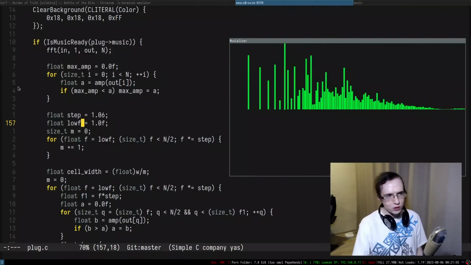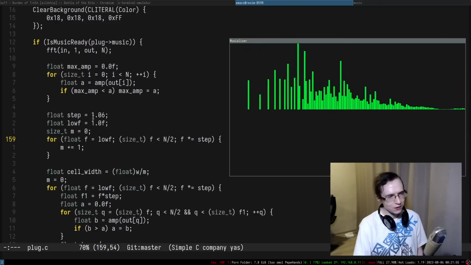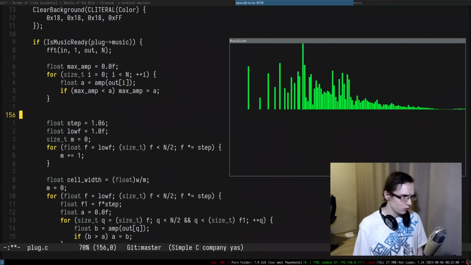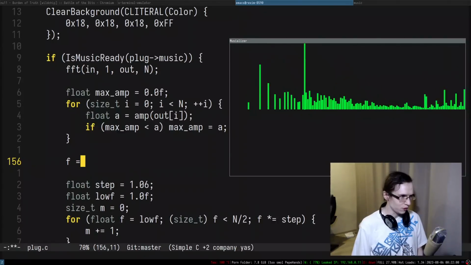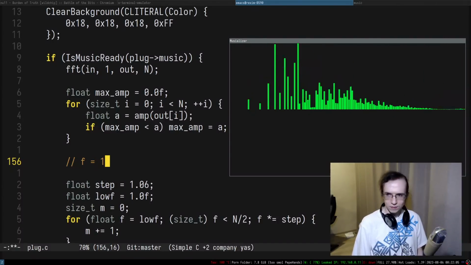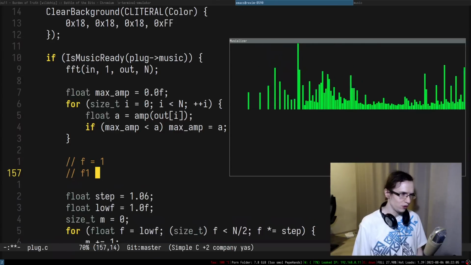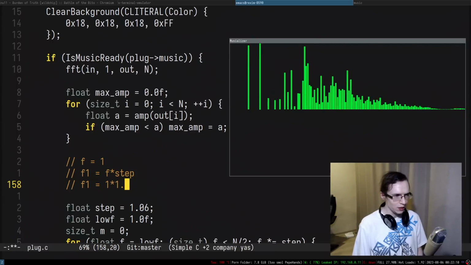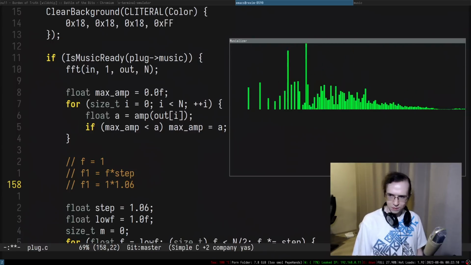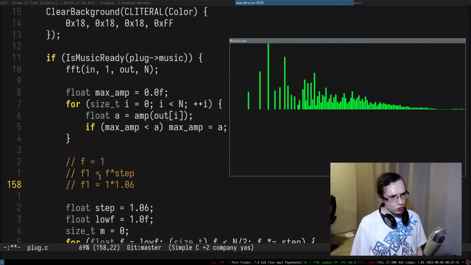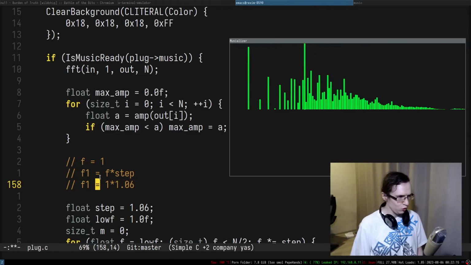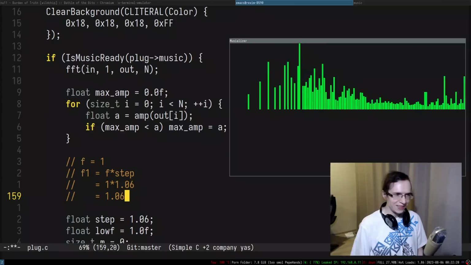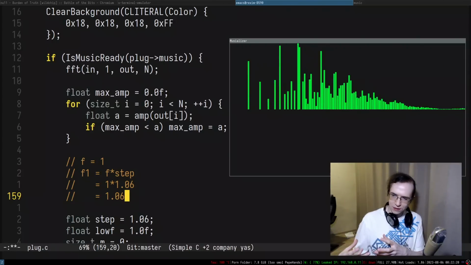So imagine we multiply by the step, and step is 1.06, right? If your frequency is 1, and you're trying to compute the next frequency f1, and you multiply by the step, what you're effectively doing is multiplying by 1.06. And then you need to use that value, which is effectively 1.06, as an index in an array.